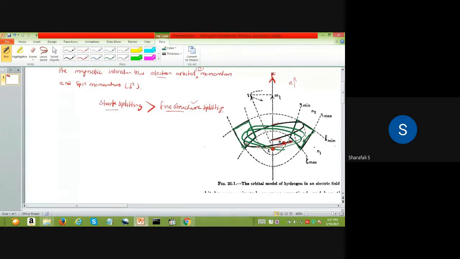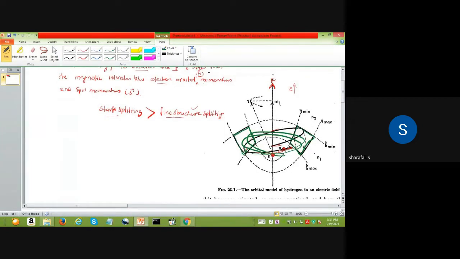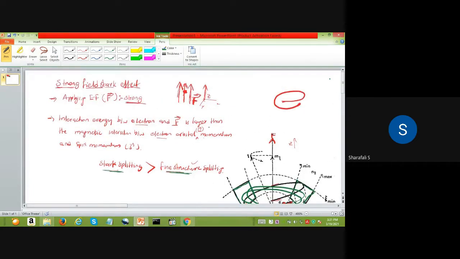When you apply a strong electric field, such that the Stark splitting is larger than the fine structure splitting, then the center of mass of the electron revolving around the nucleus will not coincide with the nucleus position. The center of mass will be different each time, and it will not be at the nucleus.